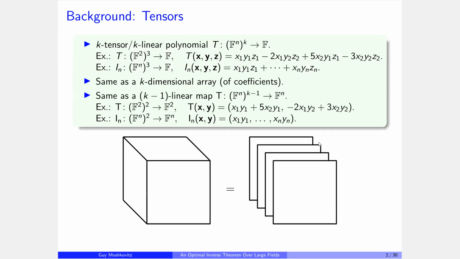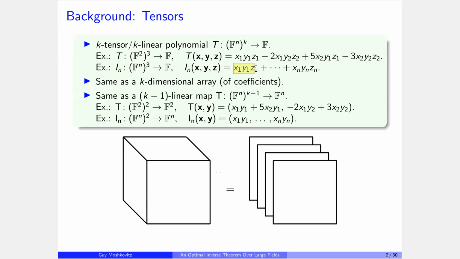Okay, so what are the objects in question? Tensors. Here are the 3 facets of a k-tensor. You can think of a k-tensor as a k-linear polynomial, which is a polynomial of degree k with individual degrees 1.